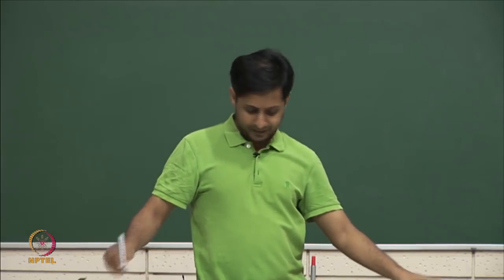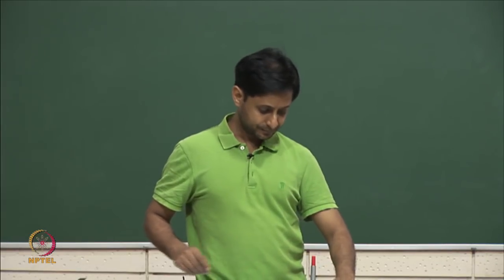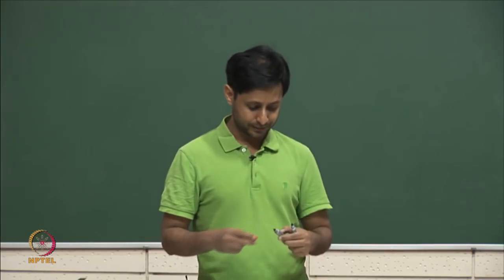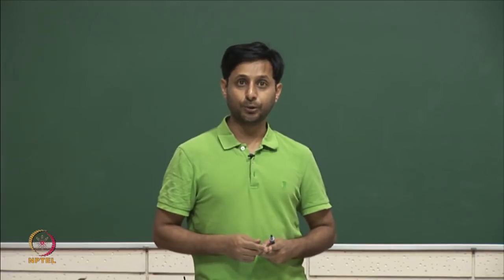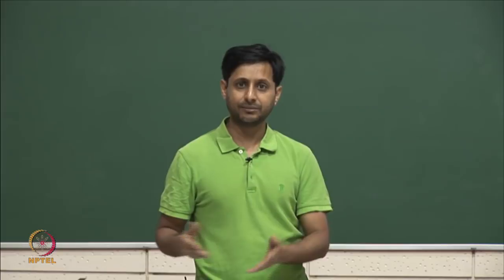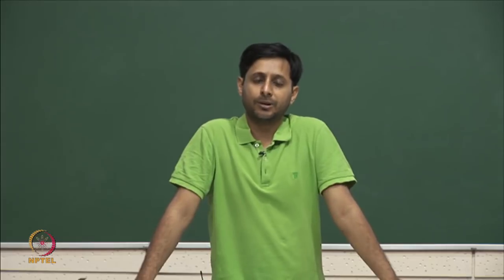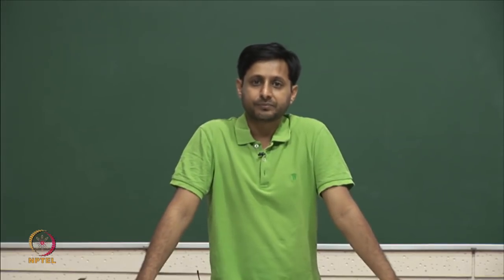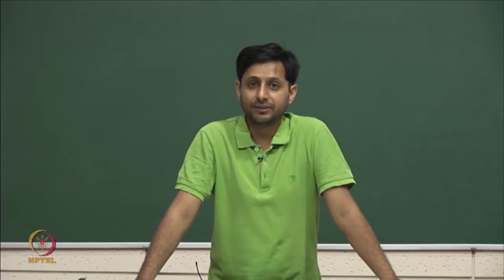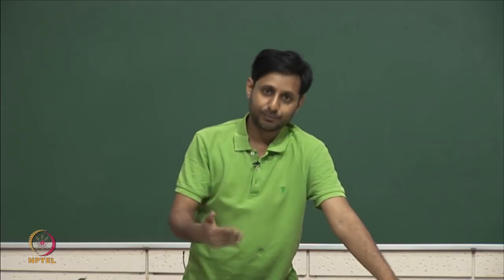So, this particular circuit has many names. It is the common drain circuit, but a lot of people call it differently. Some people call it a voltage follower, because the voltage at the source follows the voltage at the gate to some extent, 0.8 times the voltage at the gate. It is also called a buffer, because this circuit can drive from a very weak drive, you have power gain.